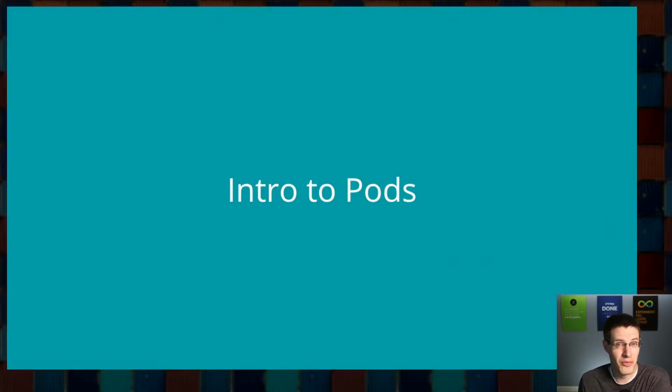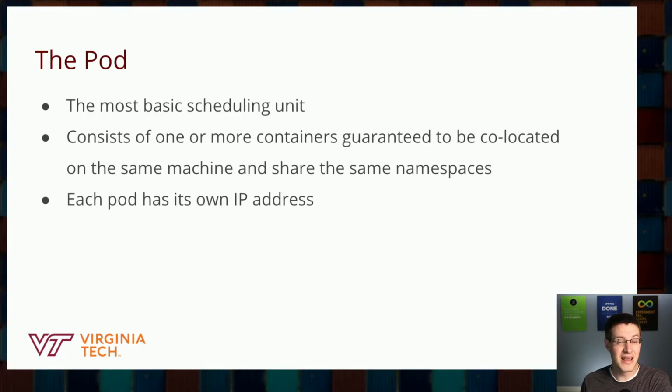So let's dive a little bit more into pods. Again, a pod is the most basic schedulable unit in Kubernetes, and by scheduling, I mean Kubernetes gets a request to run a container, and okay, it's not a container, it's a pod, but it gets a request to run a pod, and so it schedules it, it assigns that to another node to actually run it, okay?